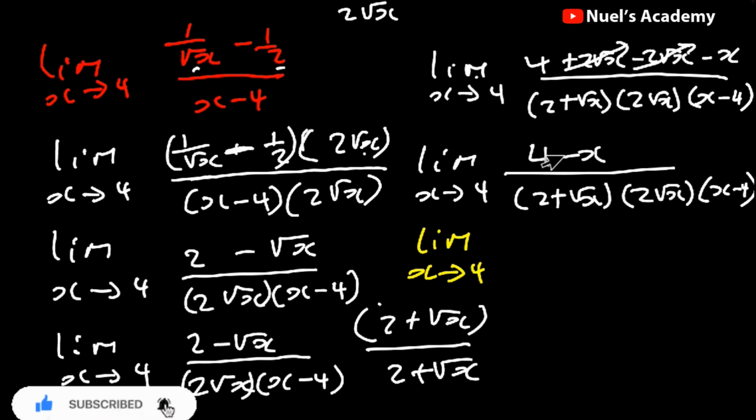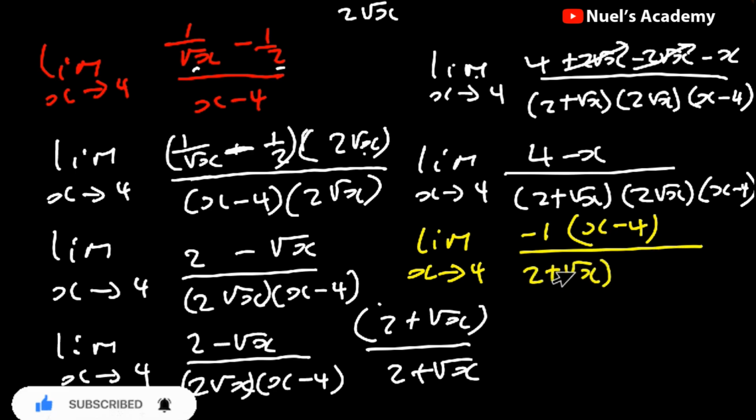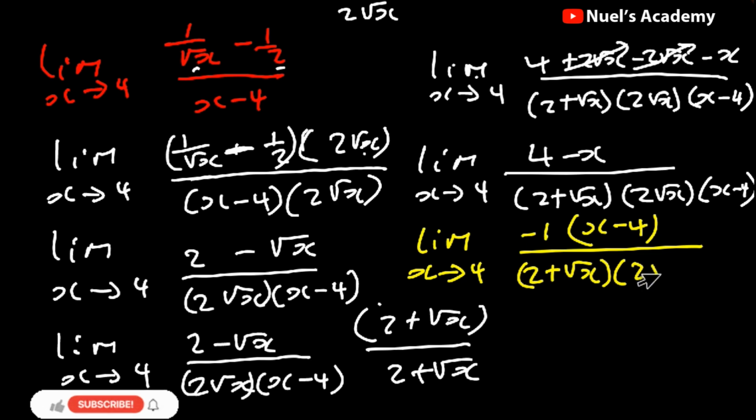So in order to cancel out these two terms, let's factor out negative 1 from the numerator. If we factor out negative 1, we're going to reverse their signs. Minus x becomes plus x, and then plus 4 becomes minus 4. Then this is over 2 plus root x multiplied by 2 root x multiplied by x minus 4.